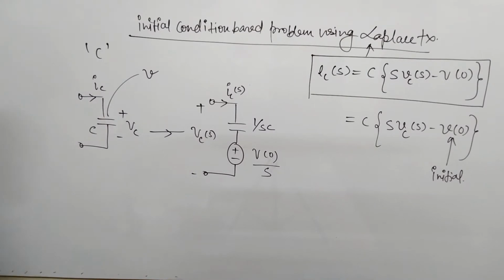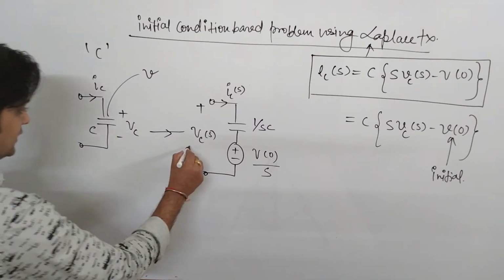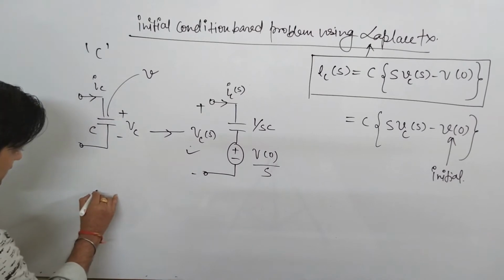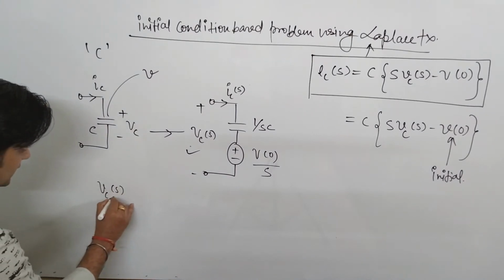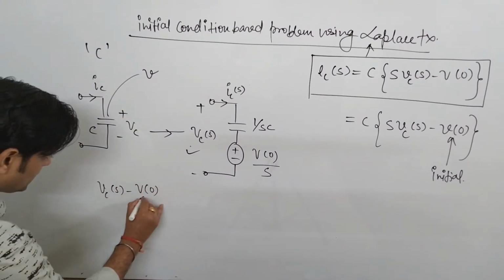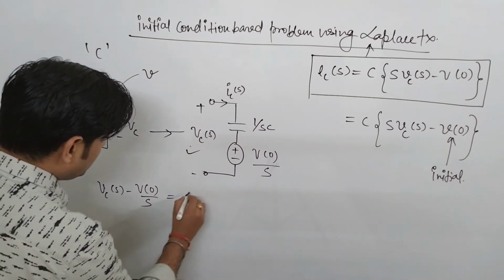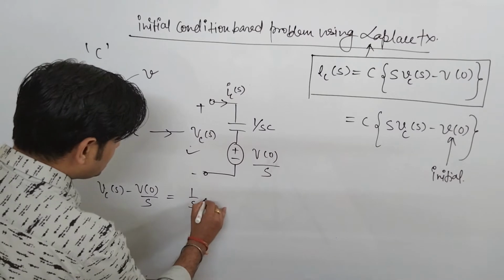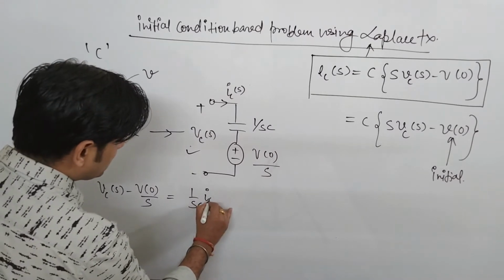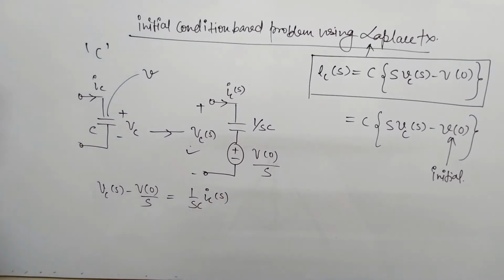Now if I solve this equation, this comes to be VCS minus V0 by S, that is equal to 1 upon SC into this ICS. Simply multiply by SC and rearrange.